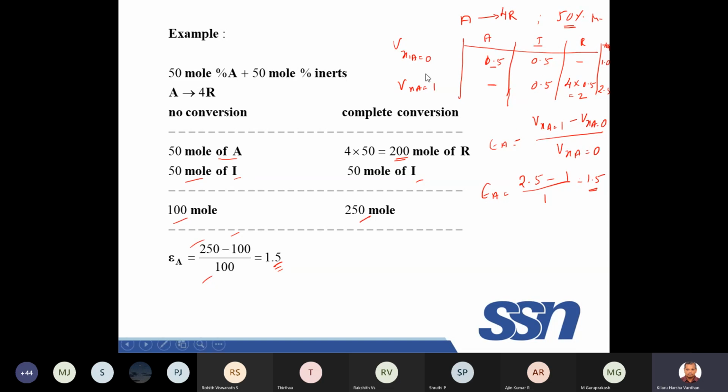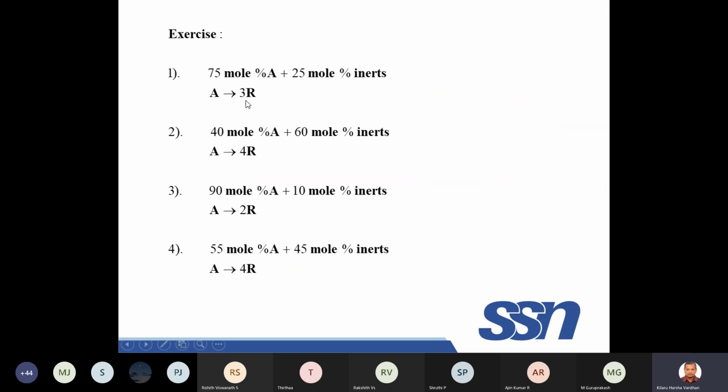Now A is giving you 3R, with 75% of A. So let us again put V at Xa equal to 0 and V at Xa equal to 1. This is A, this is I, this is R, this is total. At Xa equal to 0, 75% of A is there, so 0.75, inerts 0.25, nothing of R is there.